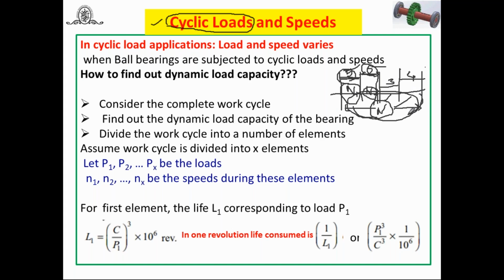This is one. The second case, suppose this is the diagram. You can consider this as the total revolution or one work cycle, in which during the first element, suppose n1, the load is 6 kilonewton. Again it goes down, becomes 0, and again it increases.